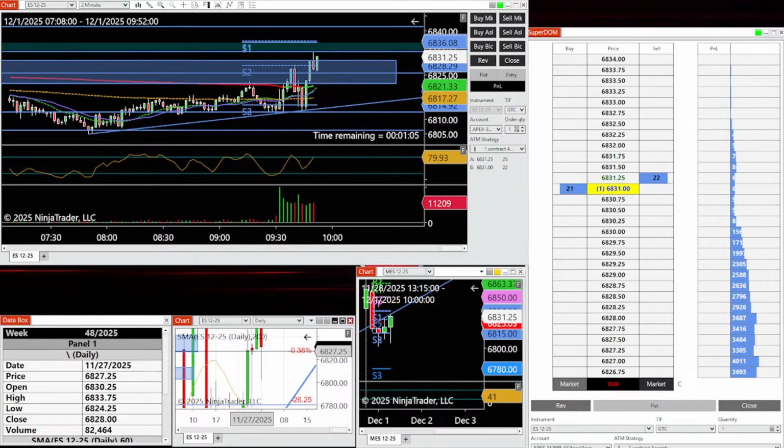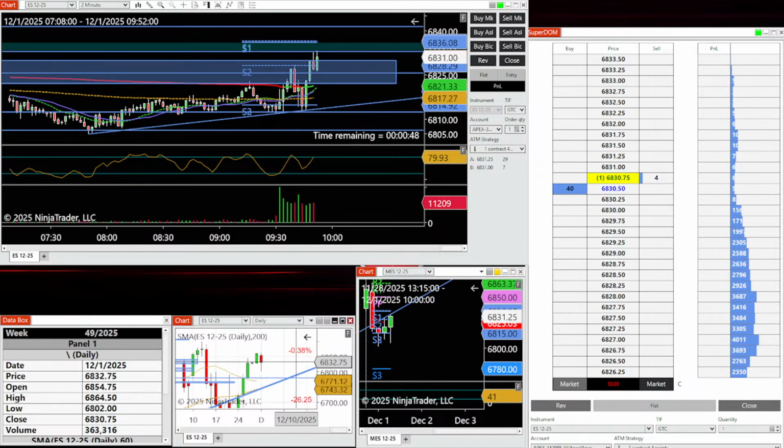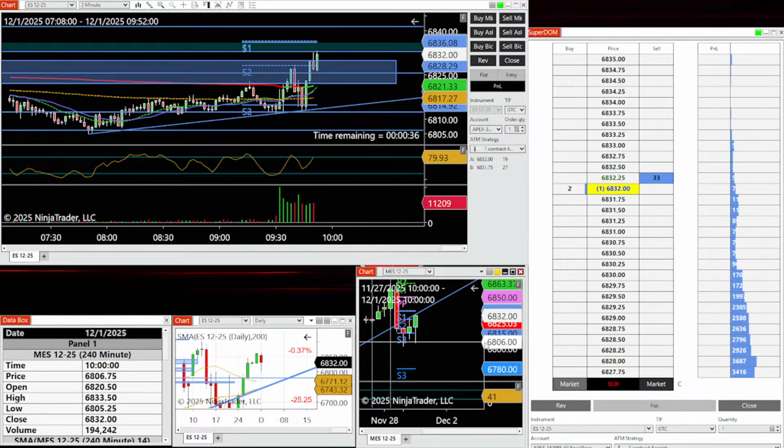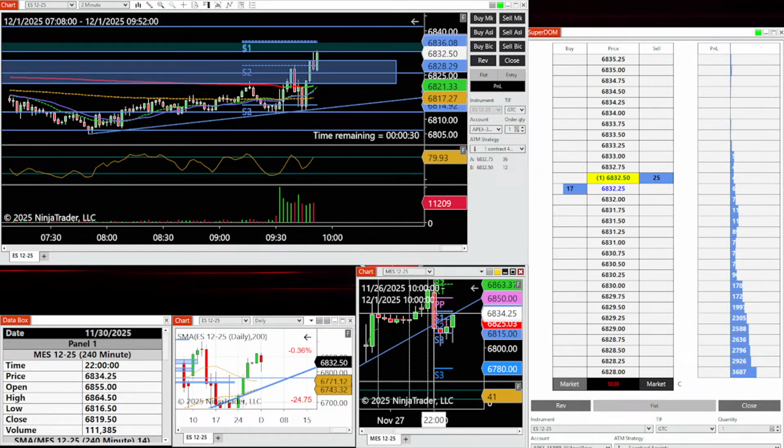So if we stay above 28, that 25 area could have some support. 34 to 36, got some resistance up here.